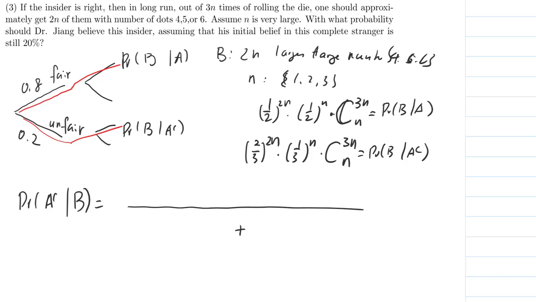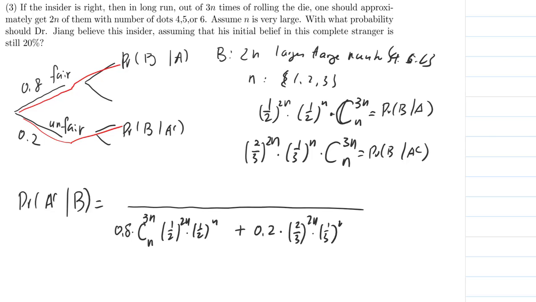So what we have again is still 0.8 times the first branch. We're going to put a C in the front, but you will see it's going to be canceled. Then we have 1/2 to the 2n and 1/2 to the n. So that's from the first branch. And then look at the second branch, it's 0.2 multiplied by the unfair case, so we have 2/3 to the 2n and 1/3 to the n.